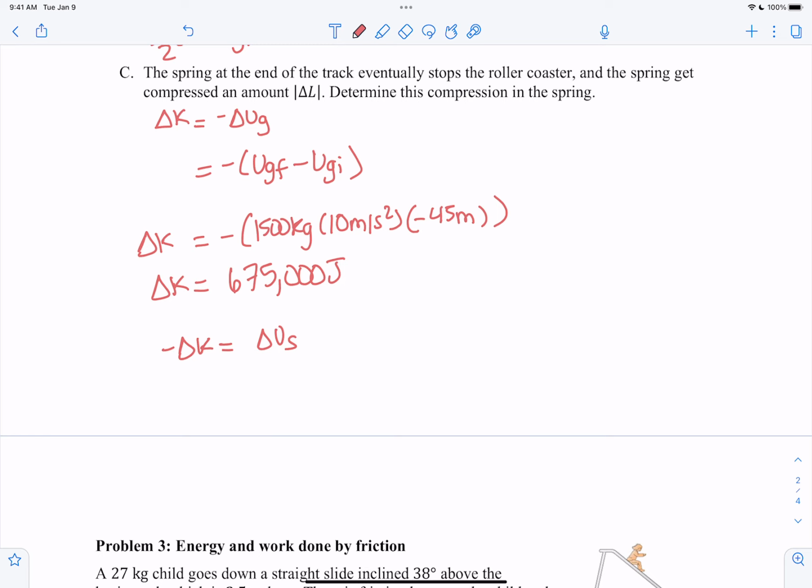Someone said they got negative 675. Okay, let me look this over once again, because I've made a mistake somewhere. I just know it, because I hate this energy stuff as much as you guys. So let me look over my work real quick.